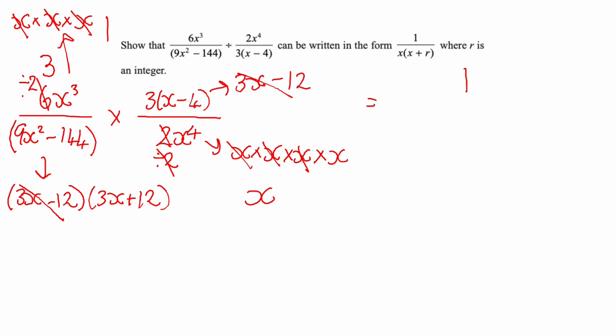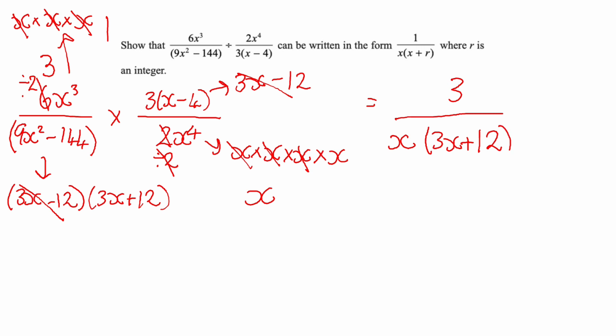Sorry, not 1, 3. I forgot my 3. Let me put that there. So I've got my 3 there. Apologies. And then I'm going to look at my denominator. So I've got x here, and I've got 3x plus 12, which I'm going to put in a bracket like this.